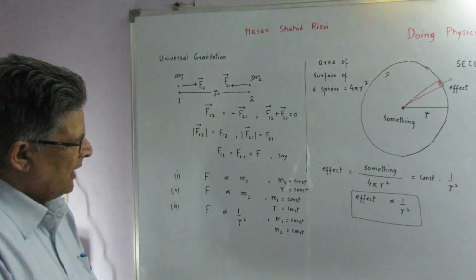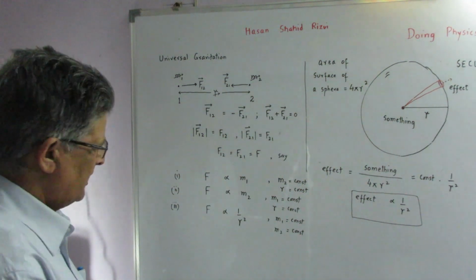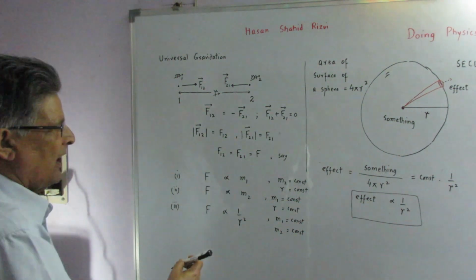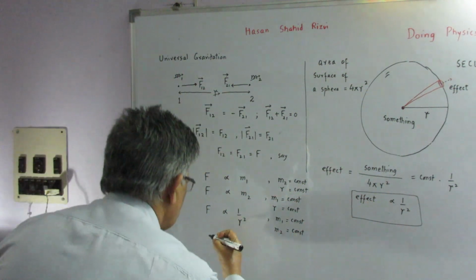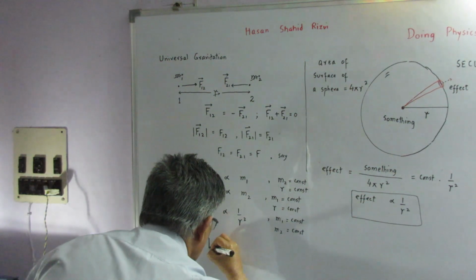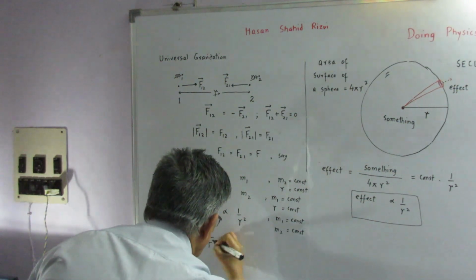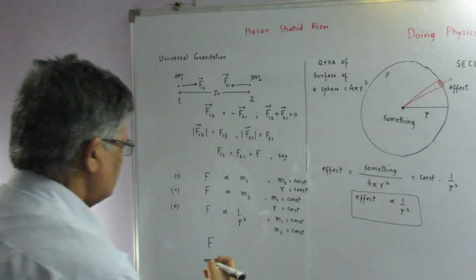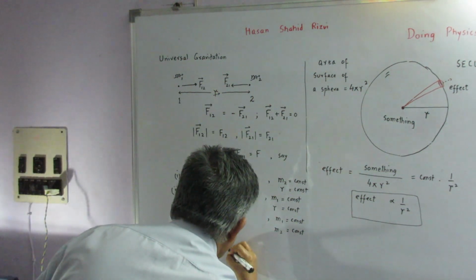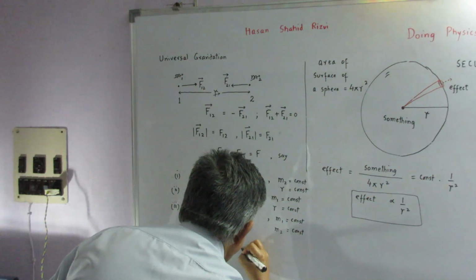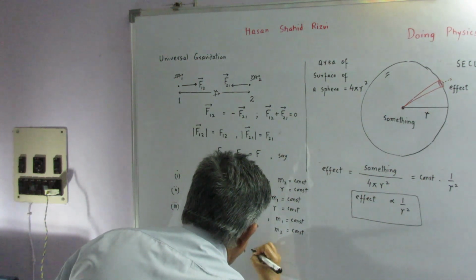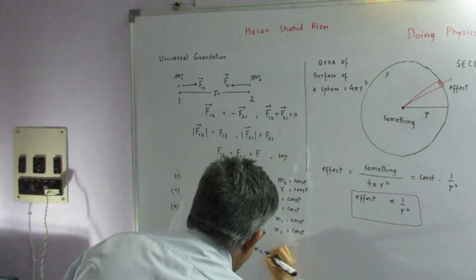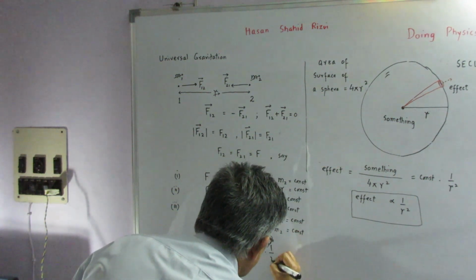Now for all these equations together, I can write that the force F, which results due to this defined system, is proportional to M1 into M2 into 1 upon r square.